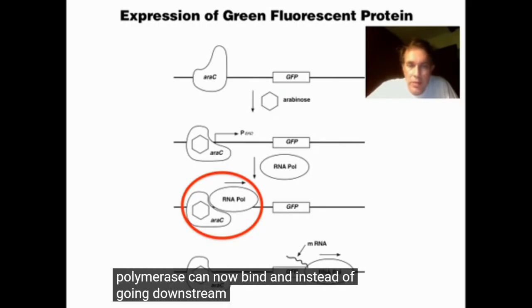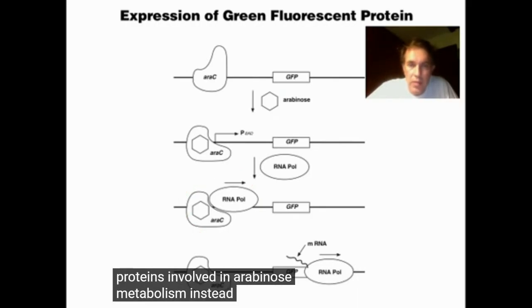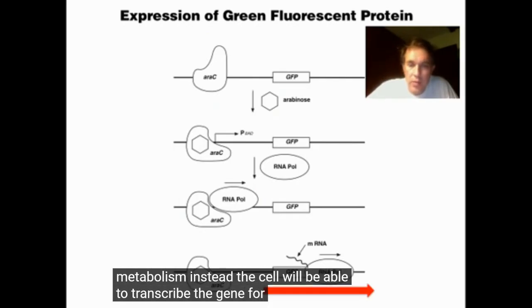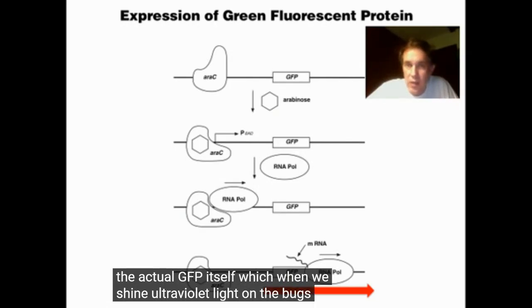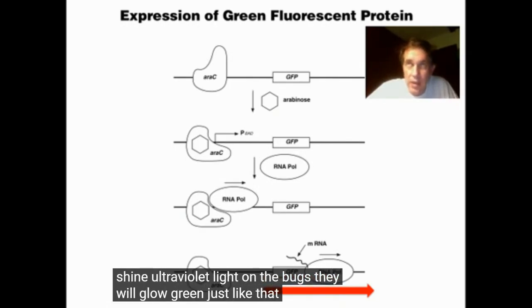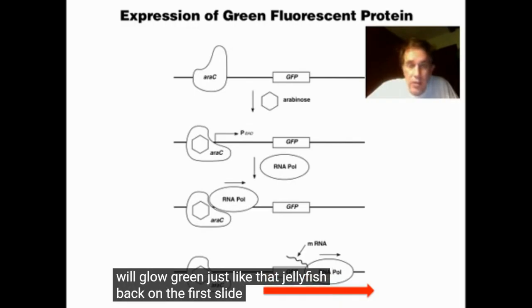And instead of making the three proteins involved in arabinose metabolism, the cell will be able to transcribe the gene for green fluorescent protein, which will then hopefully be translated into the actual GFP itself, which when we shine ultraviolet light on the bugs, they will glow green, just like that jellyfish back on the first slide. So that's the quick and dirty for how bacterial transformation works.